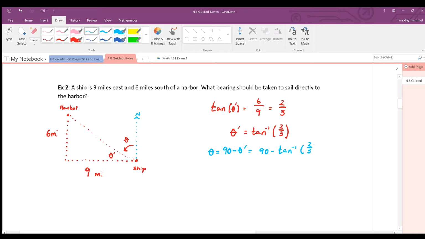Now you maybe want to plug this in your calculator. If you round to the first decimal place, you'll get approximately 56.3 degrees. That's the angle theta we wanted. Maybe I'll sketch this in here in blue. Theta.